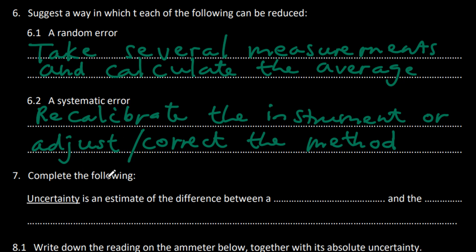It says complete the following. Uncertainty is an estimate of the difference between a measurement or actual reading and the true value.